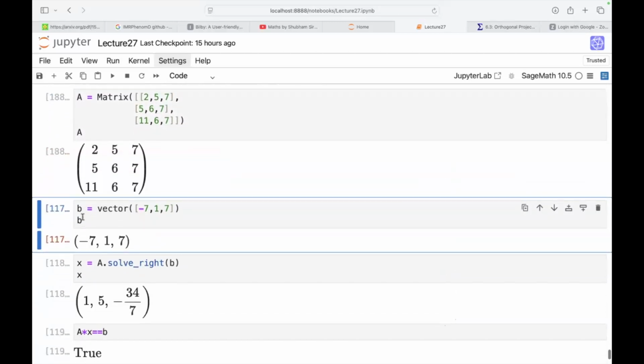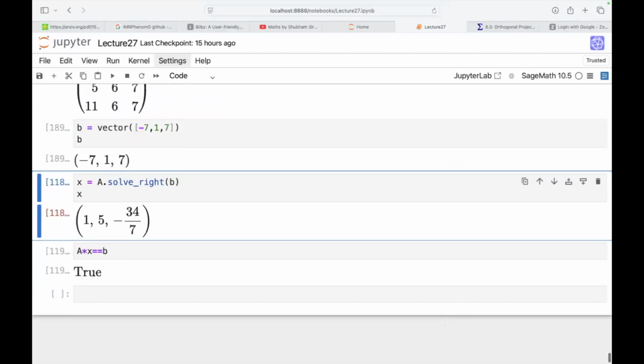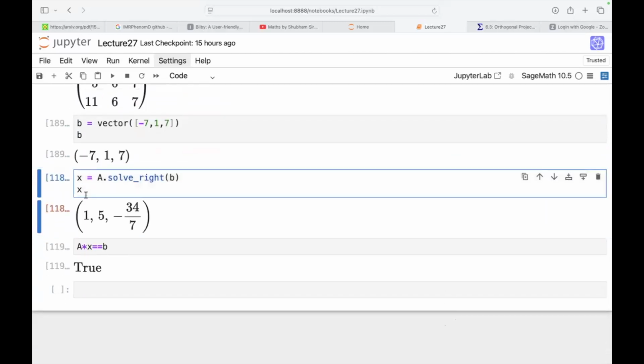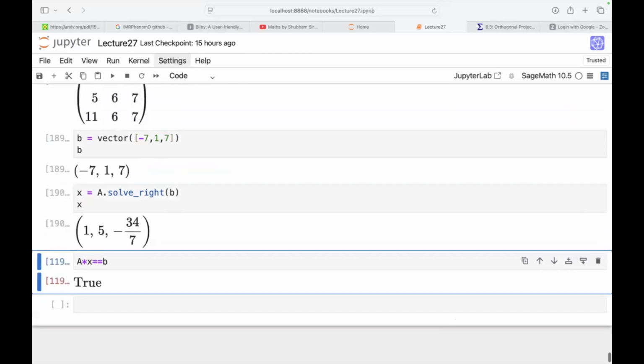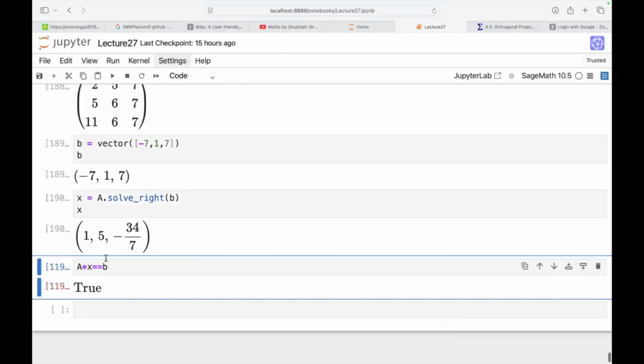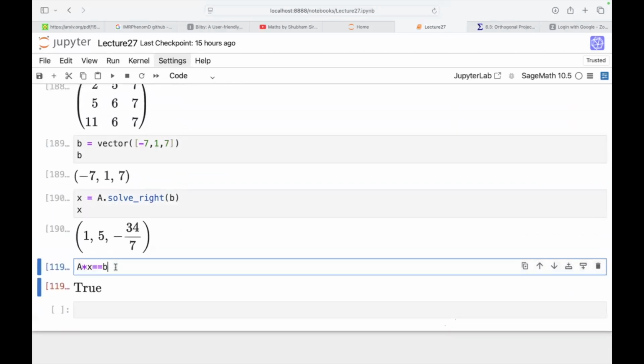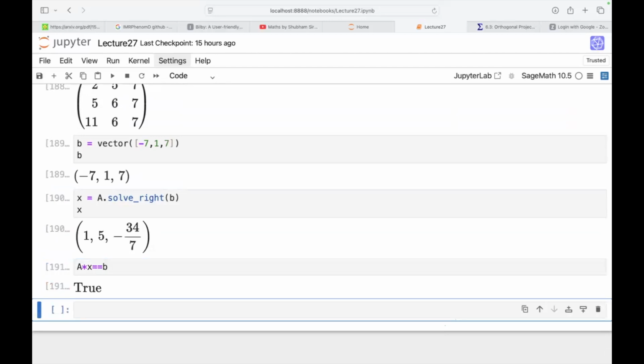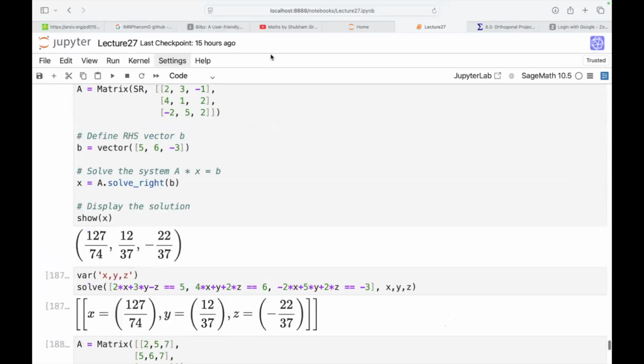Change our matrix and the B vector are defined and using x equal to A dot solve right B. Now let's check AX equal to B. Is this true or not? I think here. Any question?